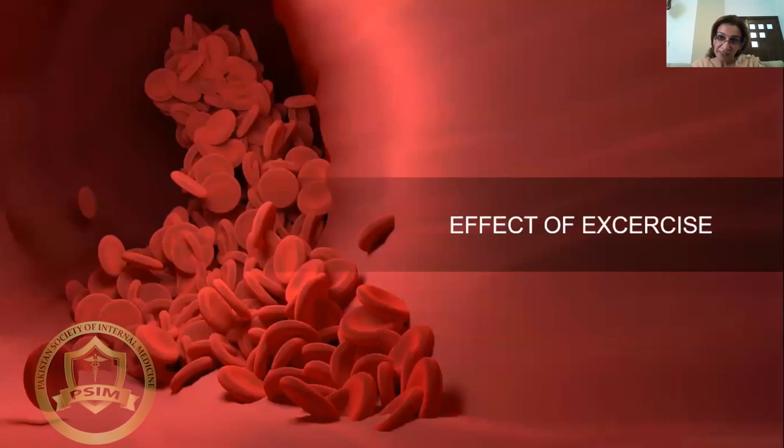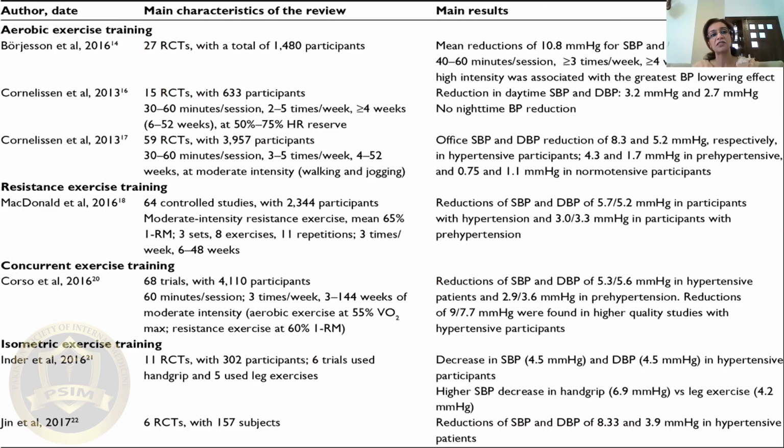Coming to the effect of exercise. Now, there are a lot of different types of exercises, including dynamic aerobic exercises. Dynamic generally means that you're moving your muscles and the joints for purposeful activity. There is dynamic resistance exercises, and there are isometric exercises.